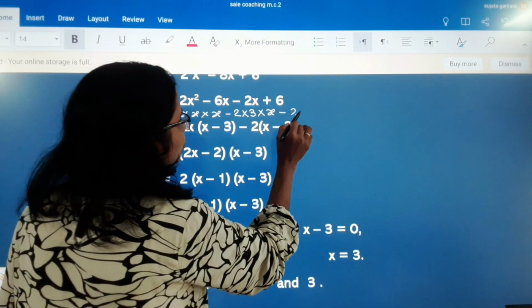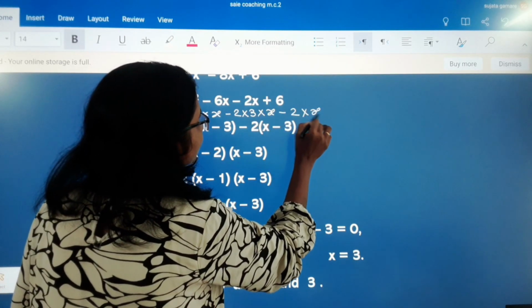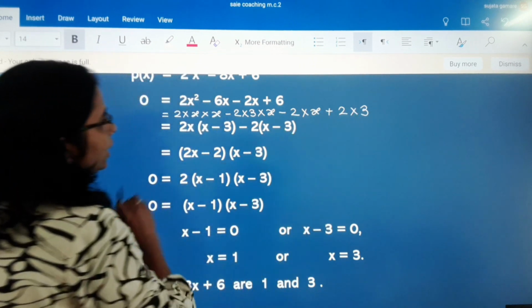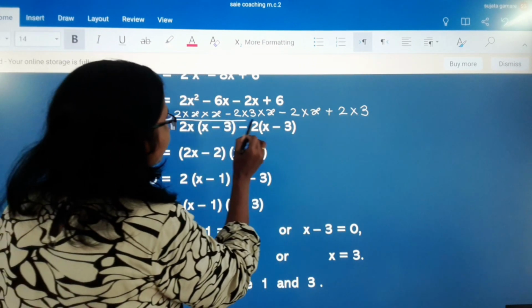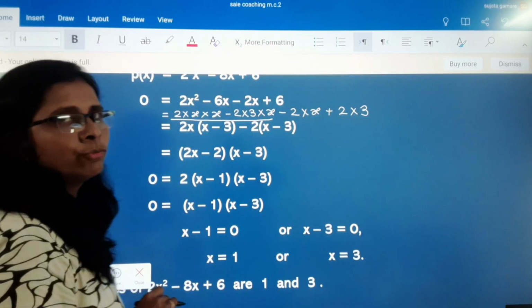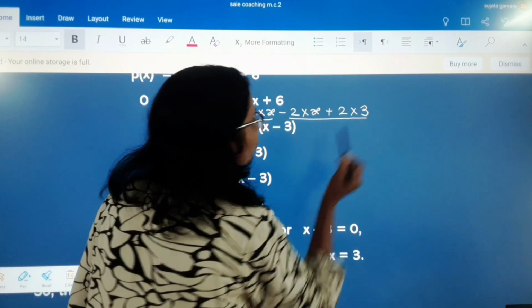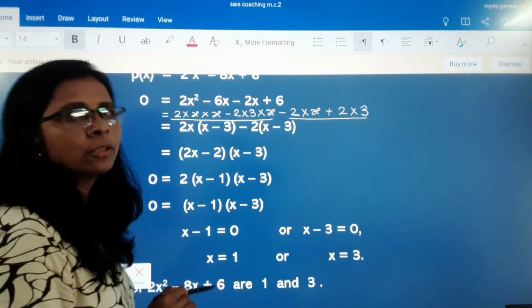Here minus 2 multiply x plus 2 multiply 3. Make the first group of 2 terms and make the second group of the third and fourth terms.